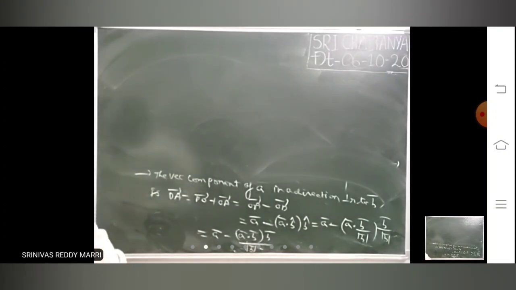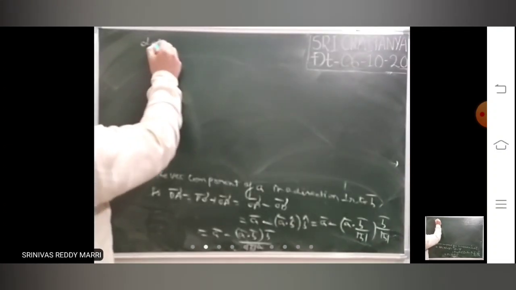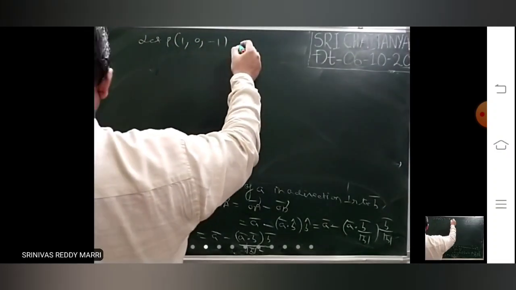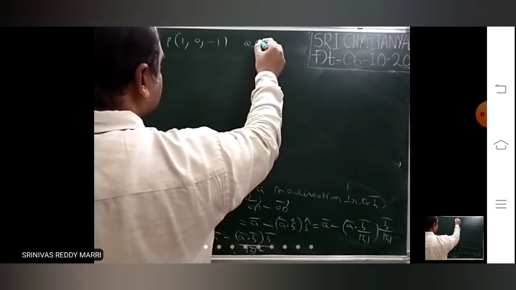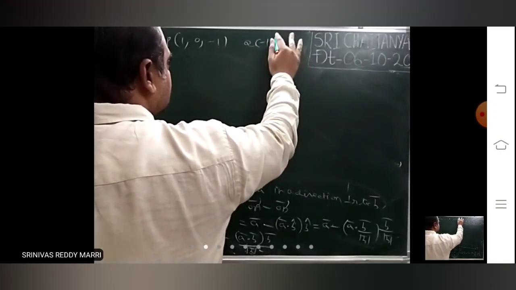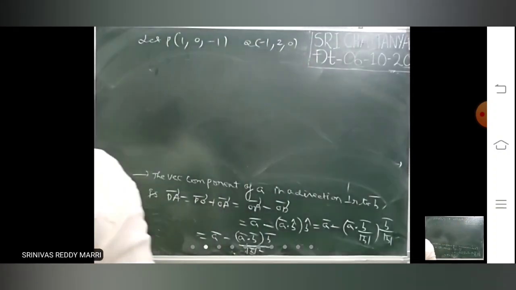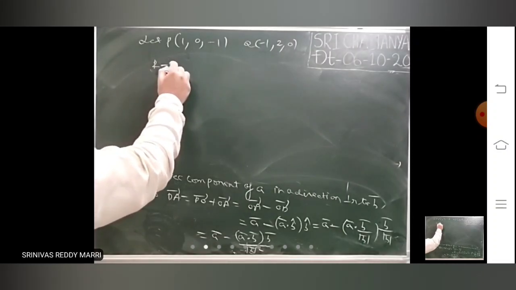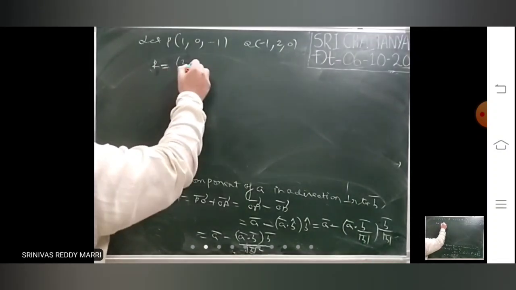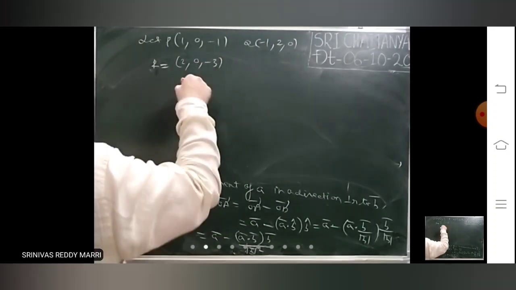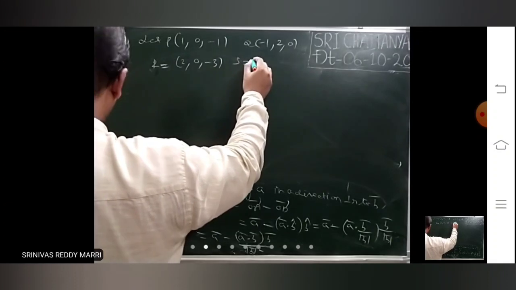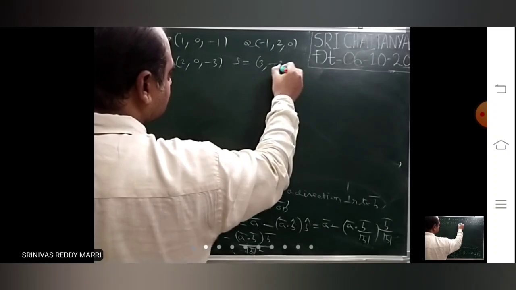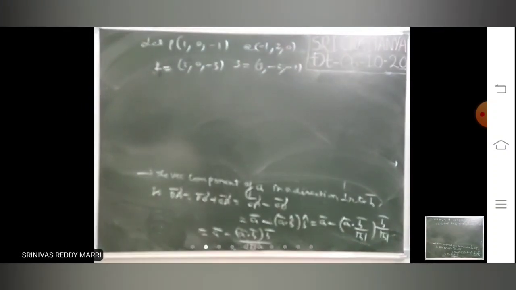Look at, suppose it is given like this. Let P, Q, R be as given. So these are the position vectors given.